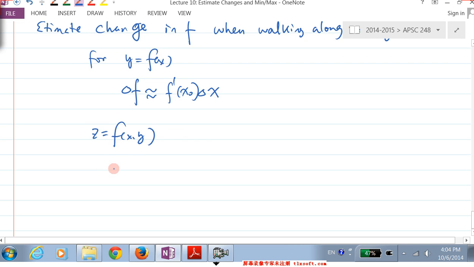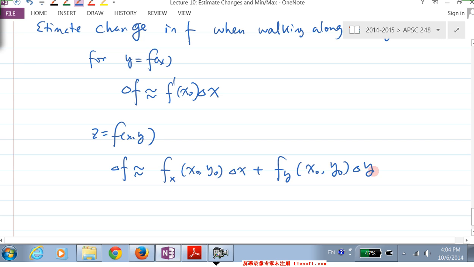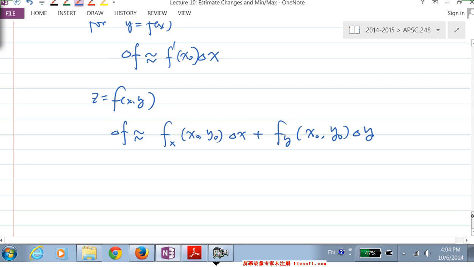That formula is delta f approximately equal to fx at x naught, y naught times delta x plus fy at x naught, y naught times delta y. That's how we approximate this one here. Let's focus on the second one.